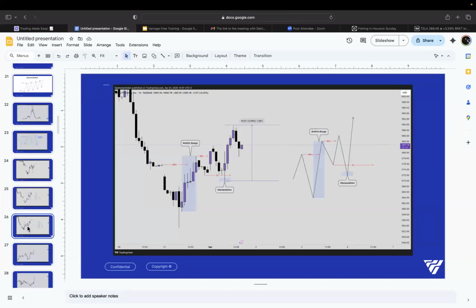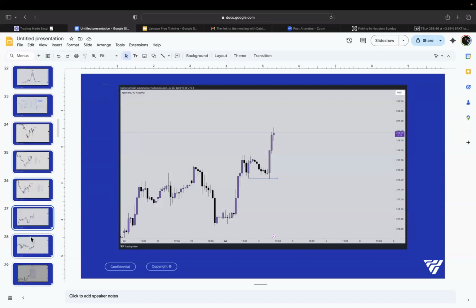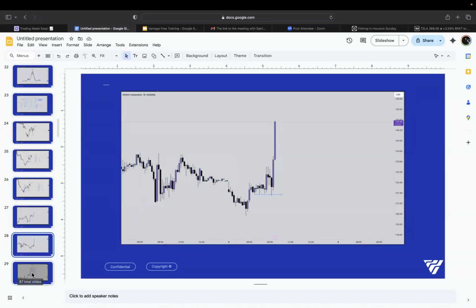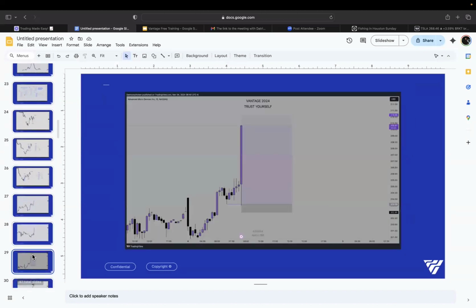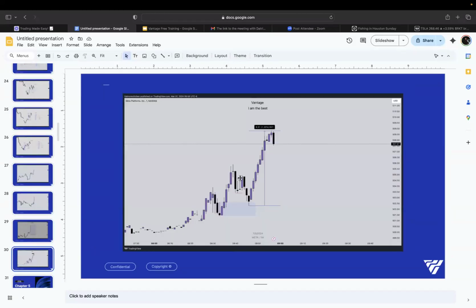Where is it? Oh yeah, this one. So you see here, bullish range, first low, price manipulated the first low into this demand zone, then we went higher. Just like that.